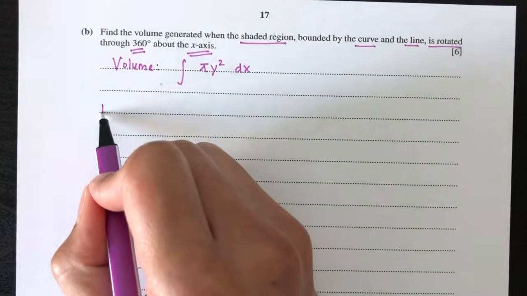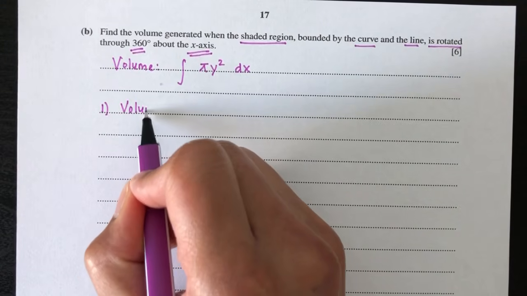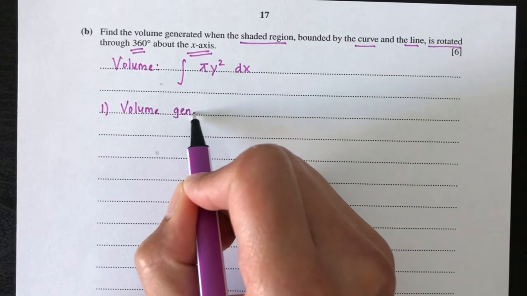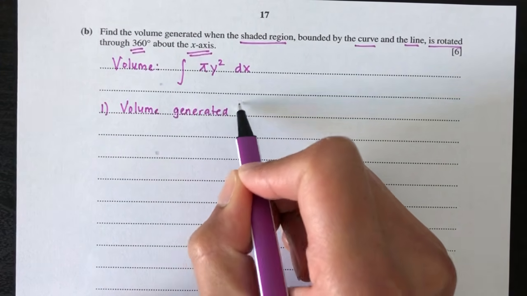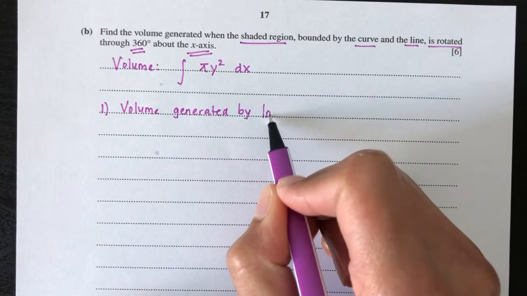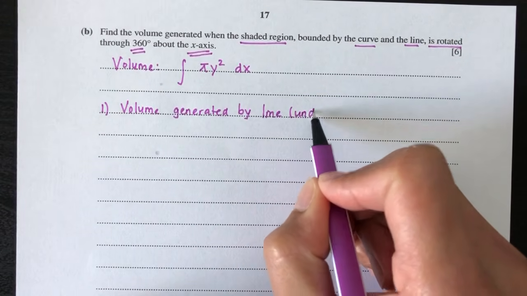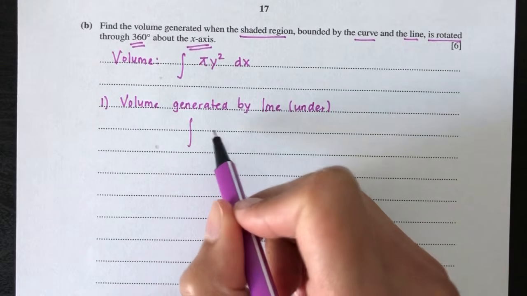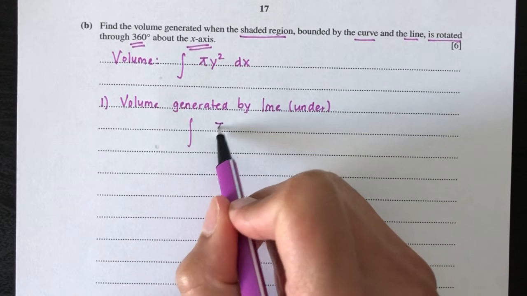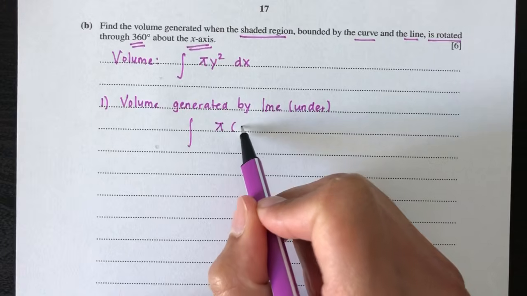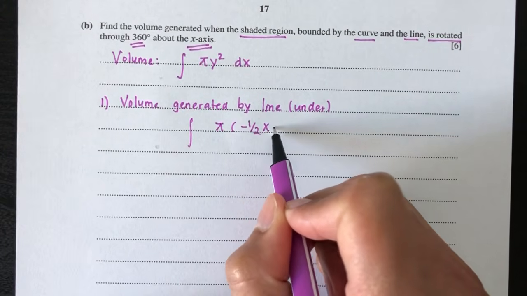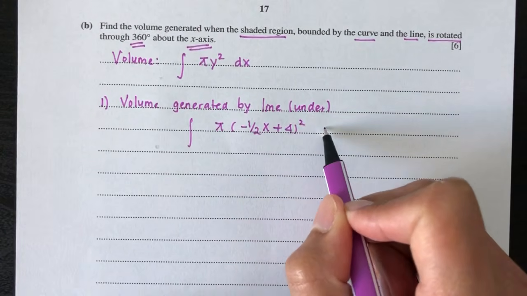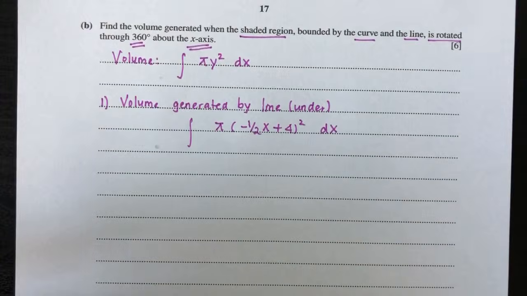So the first part will be the volume generated by the line, under the line. The equation of the line gives pi y squared, which will be minus half x plus 4 squared dx. Now what are the limits?